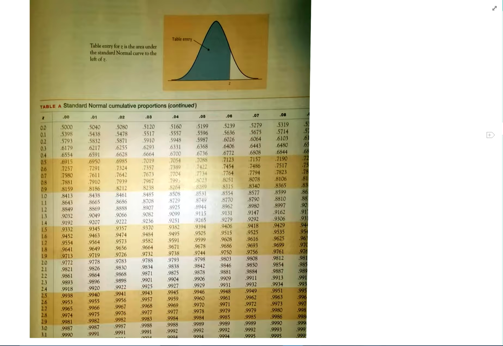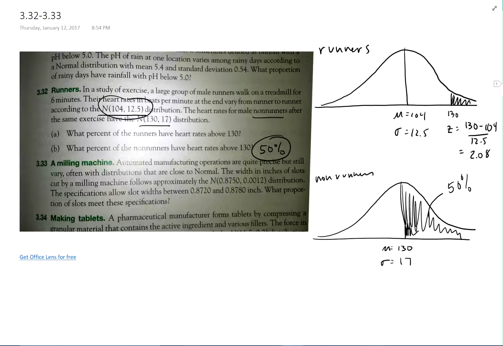And so then I'm going to look up 2.08. It's 98.12, that's this side. So this side's going to be the other half of that, which is 1.88%.